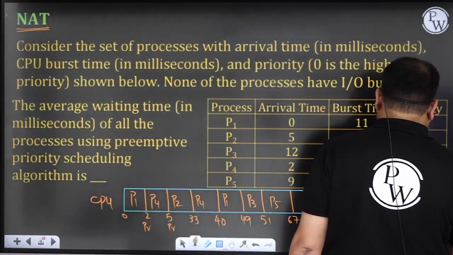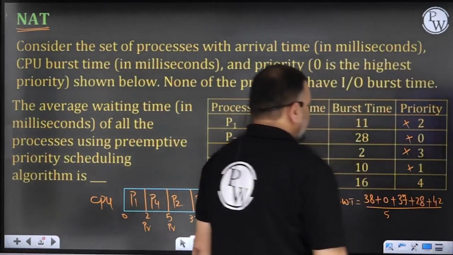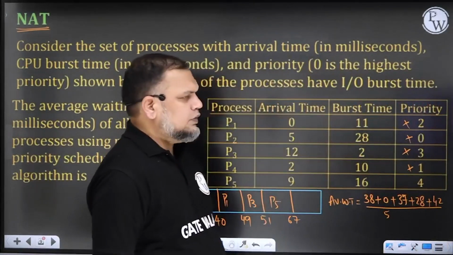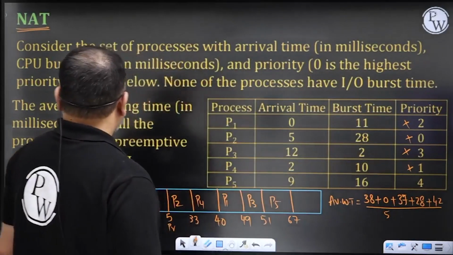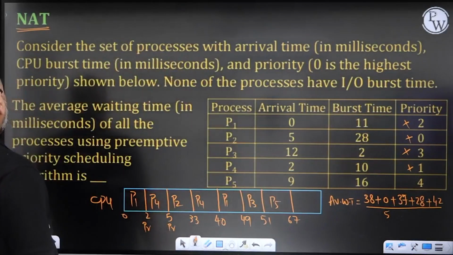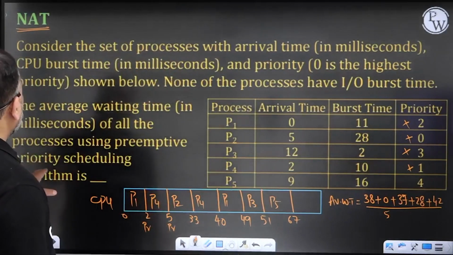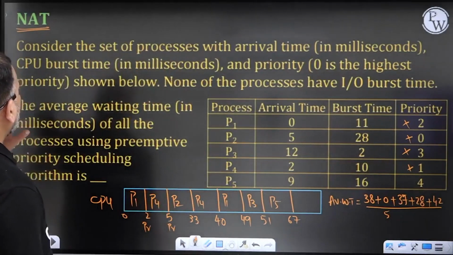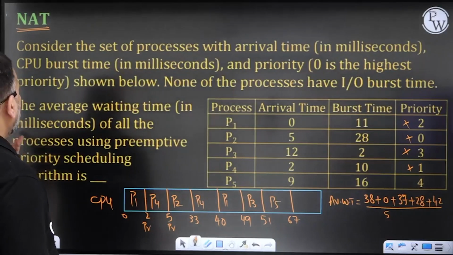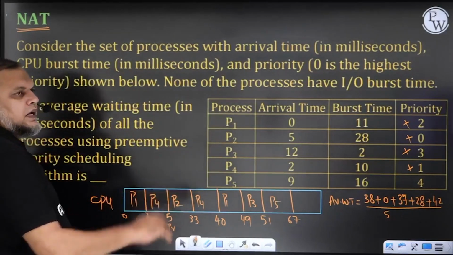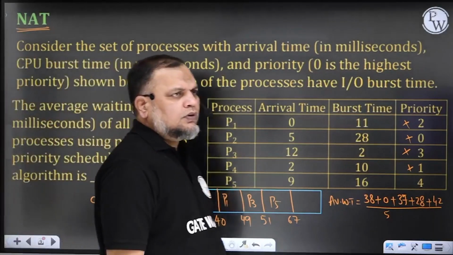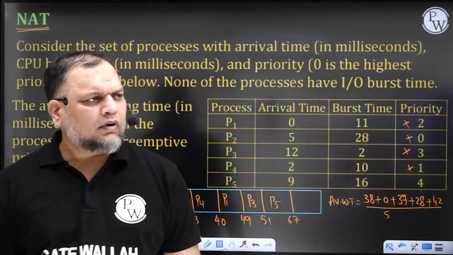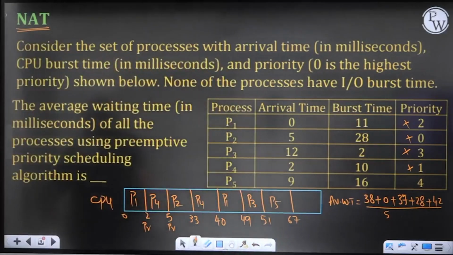Divided by 5. If you add up all and divide, it is asking for the average waiting time of all the processes using priority based scheduling. It is not asking to round off, and it is in milliseconds, so you take it as it is. Is it 144 or 148? Why are different people telling different answers?